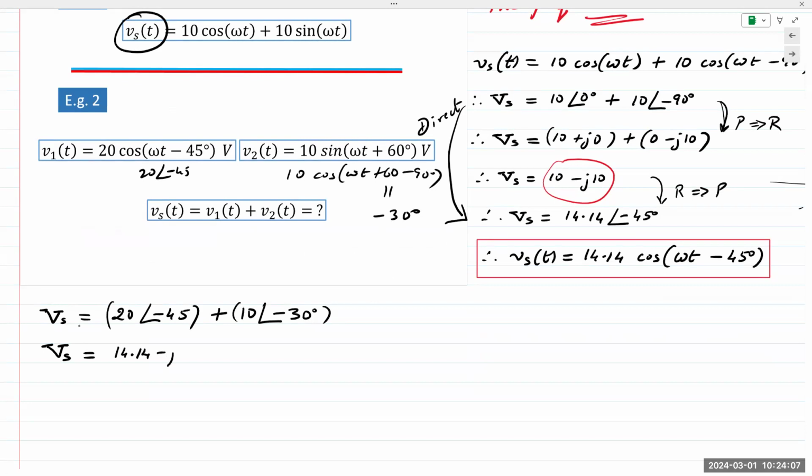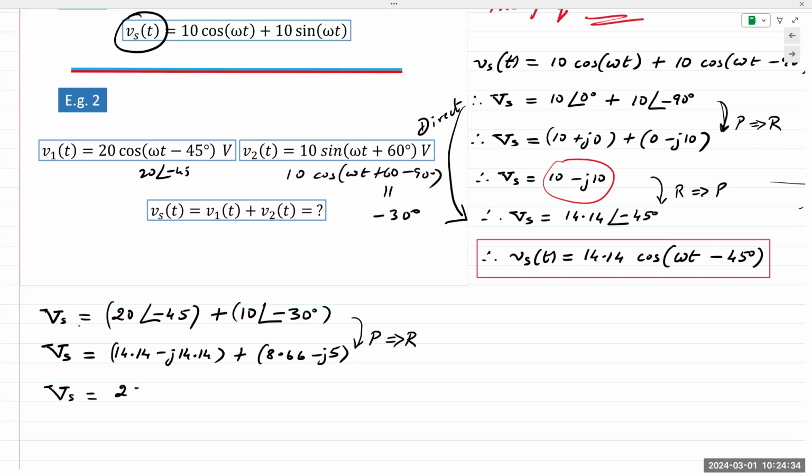This conversion gives me 14.14 plus 8.66 minus j5. So I'm performing a polar to rectangular conversion because I need to perform addition on these quantities.